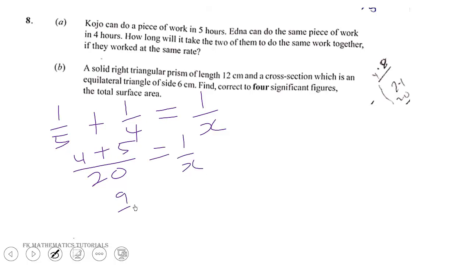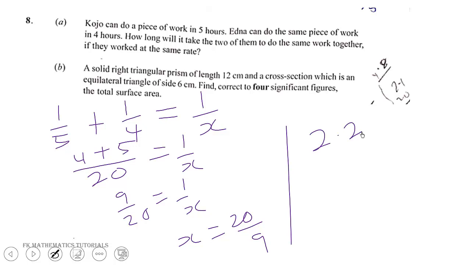So 9/20 equals 1/x, so x will be equal to 20/9, which is 2 and 2/9 hours.